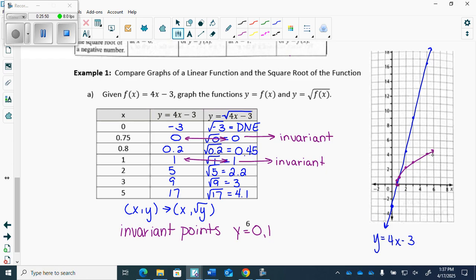So the domain of the original was x is an element of the reals, correct? It's the line. So the domain of this one is x such that x is an element of the reals. What's the domain of this one? X such that what? What x did it start on?